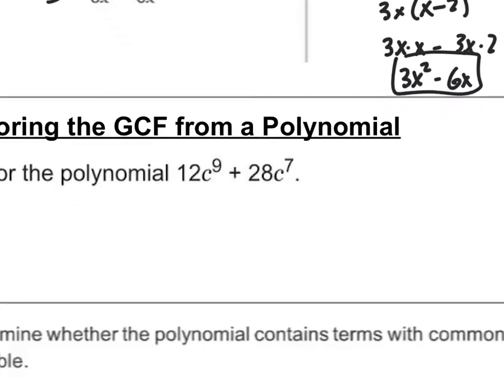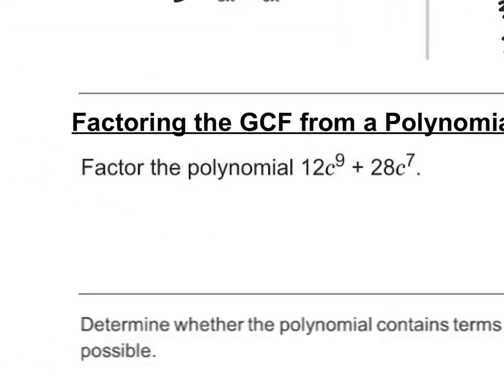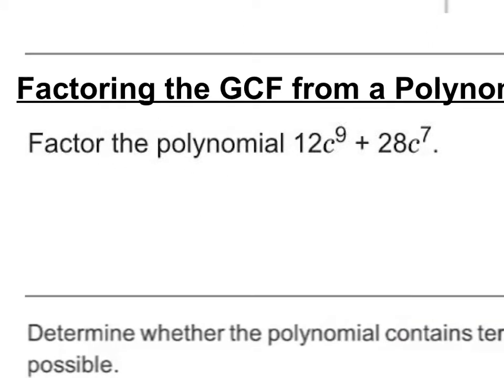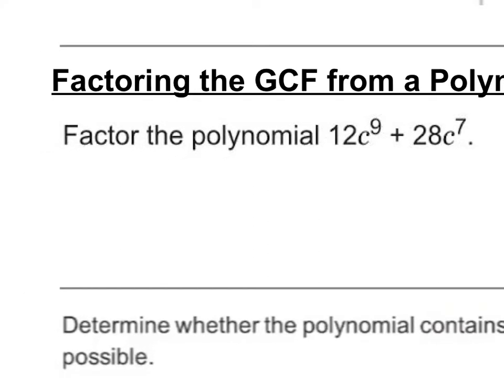So let's practice. Let's take a look at one of these, and it says factor the polynomial 12c to the 9th plus 28c to the 7th. Now, with 12 and 28, I've got a common factor of 4, I believe. The factors of 12 are 1, 2, 3, 4, 6, and 12.